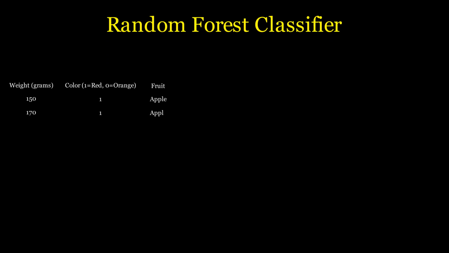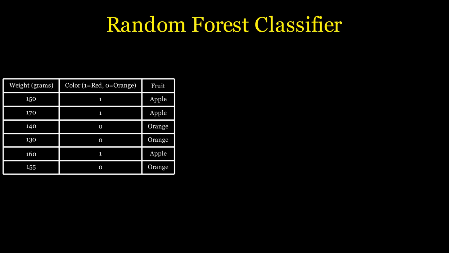Let's understand the random forest classifier with a simple example where we want to classify whether a fruit is an apple or an orange, based on two features, weight and color. In the first step, we create multiple subsets of the dataset by sampling with replacement.